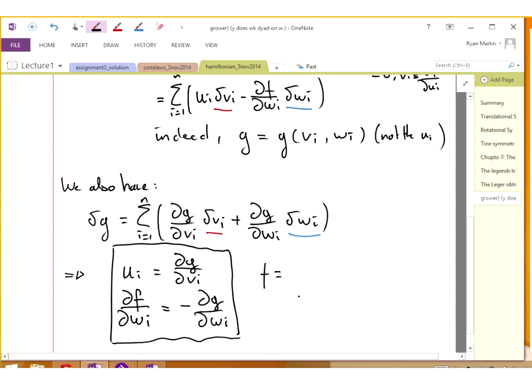And of course, we still have the transformation equations, where F is the sum of the Ui Vi minus G, and G is the sum of the Ui Vi minus F.